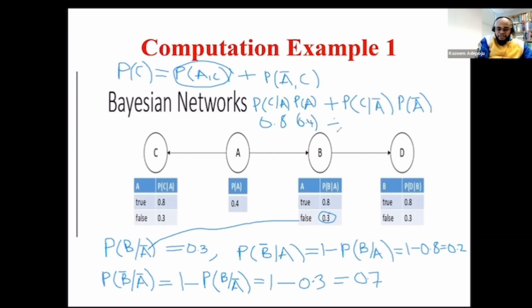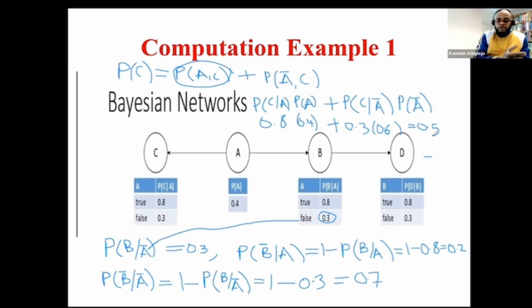Plus the probability of C given A complement, that would be 0.3, then the probability of A complement, since the probability of A is 0.4, you're going to use the complementary rule, so that is 0.6. When you do your maths very well, you're going to have 0.5.